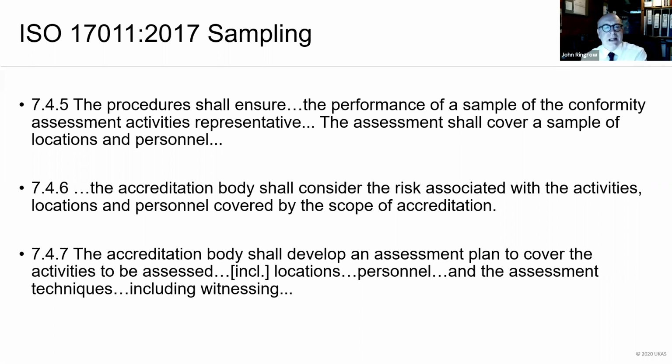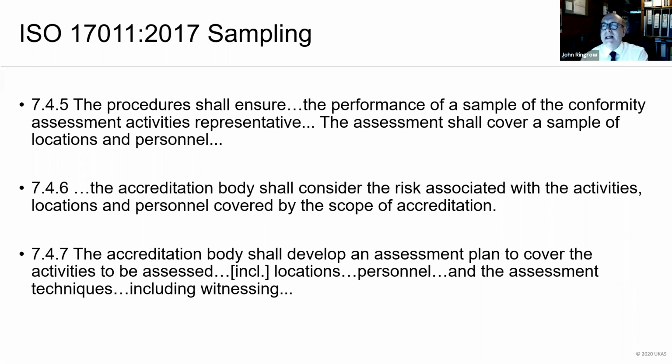So that is dictating that ourselves as an accrediting body are required to sample all of the key elements of a particular provider's service in order to provide the rigor and the appropriate depth and breadth of assessment. Also, we as the accreditation body shall consider the risk associated with the activities, the locations, the personnel covered by the scope.